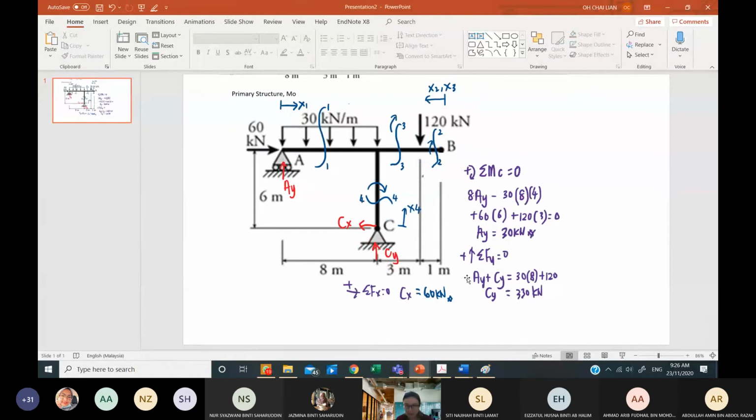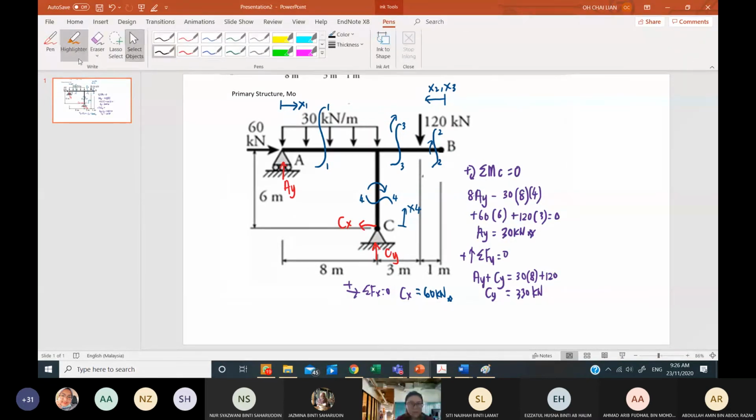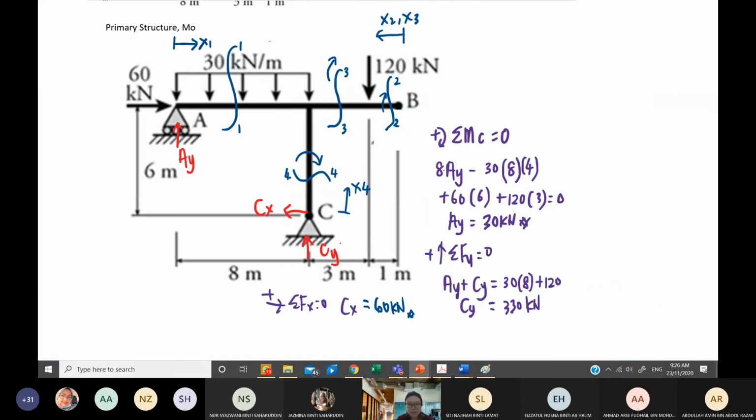Okay, but this is already messy. CY is 330. CX is 60. And then AY is 30.